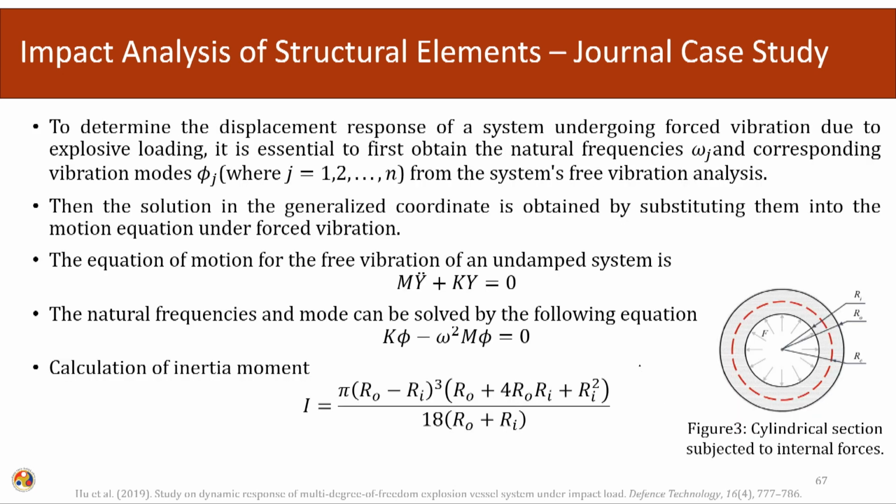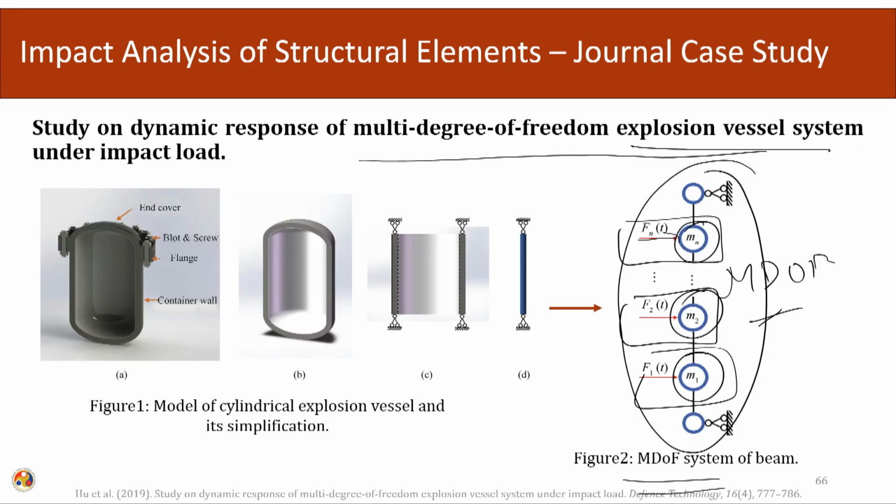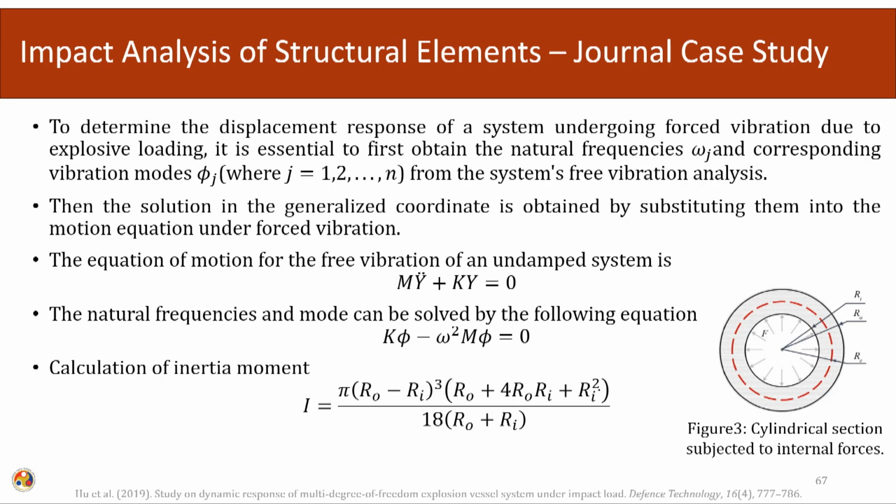In order to determine the displacement response of a system undergoing forced vibration, where there is a forcing function, this becomes a case of forced vibration due to explosive loading. It is essential to first obtain the natural frequencies. The same thing we have used: we calculate the natural frequency and corresponding mode shapes from the free vibration analysis.